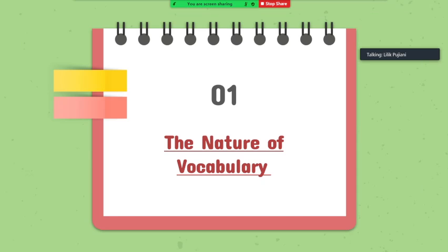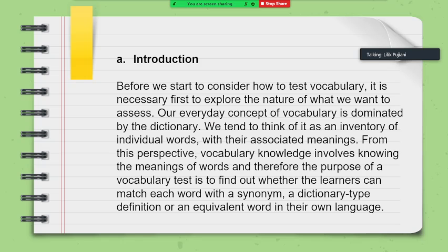The first, the nature of vocabulary. Introduction. Before we start to consider how to test vocabulary, it's necessary first to explore the nature of what we want to assess. Our everyday concept of vocabulary is dominated by the dictionary.